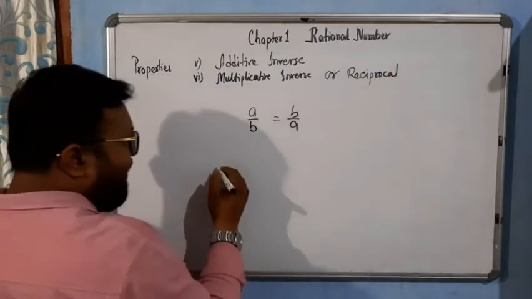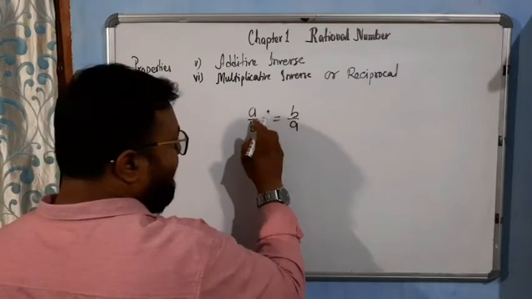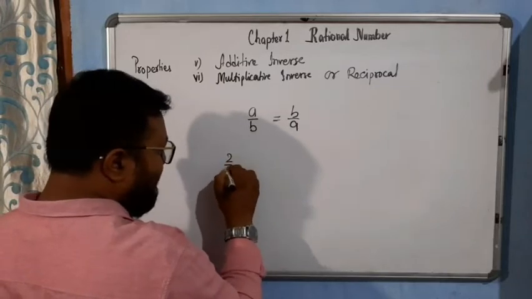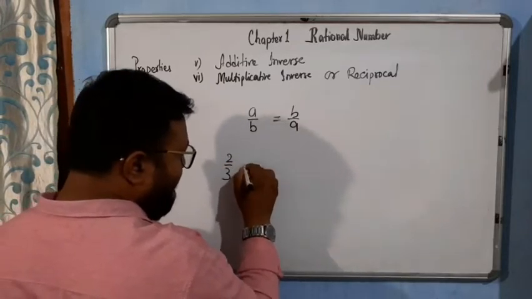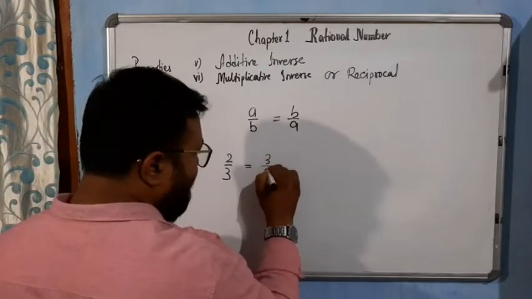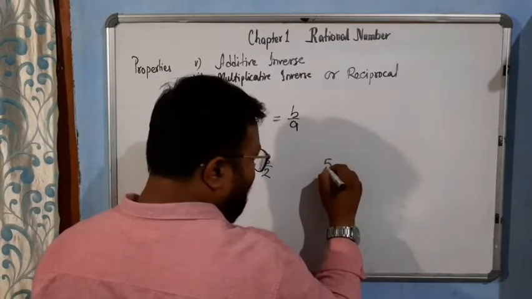Let's take an example. Suppose 2 by 3. The reciprocal, or multiplicative inverse, of 2 by 3 will be 3 by 2.